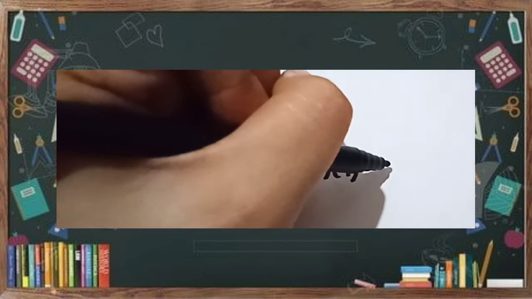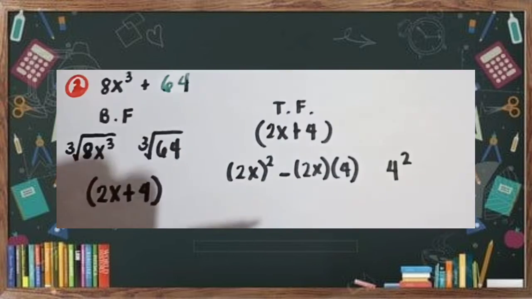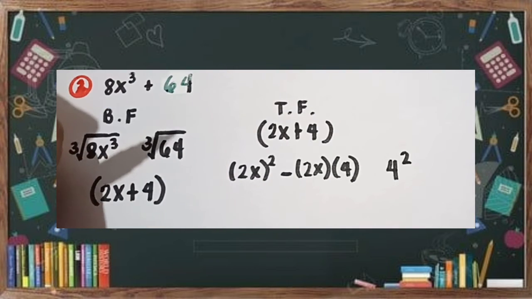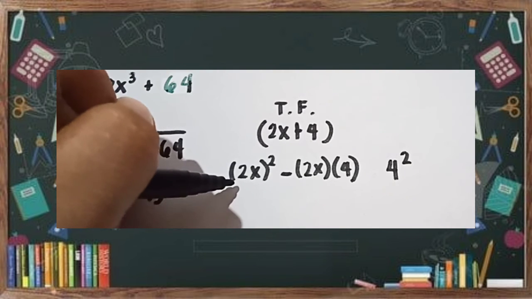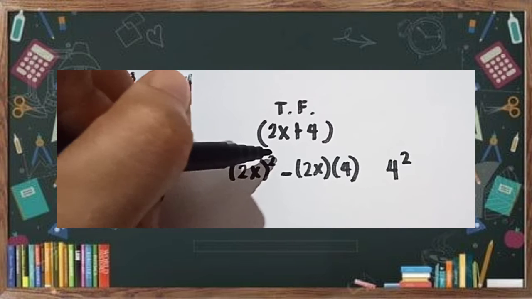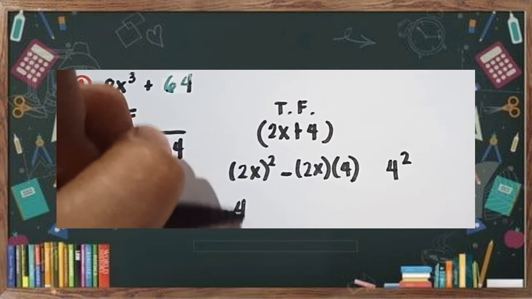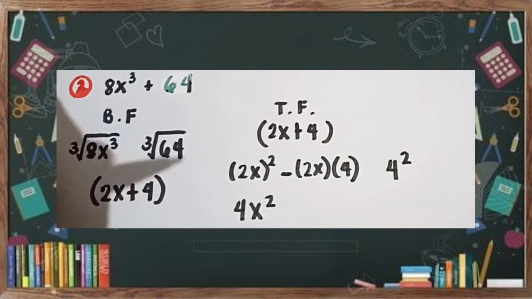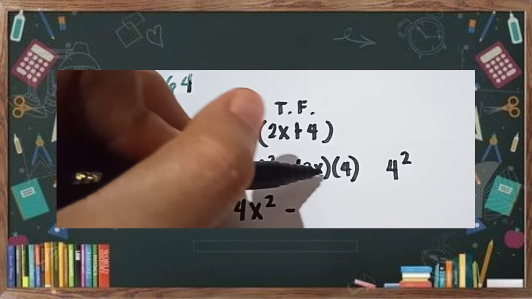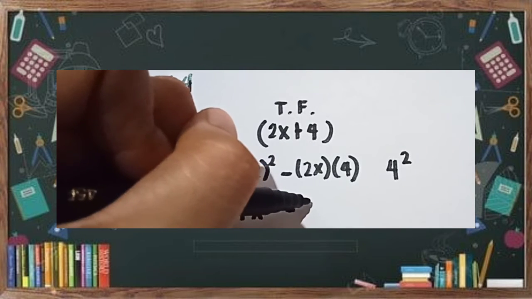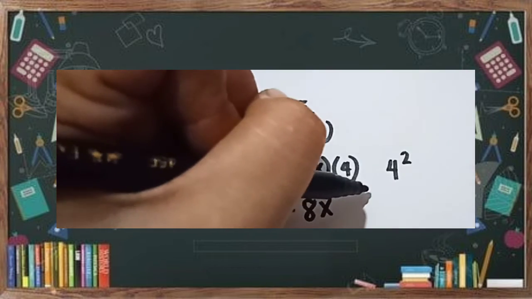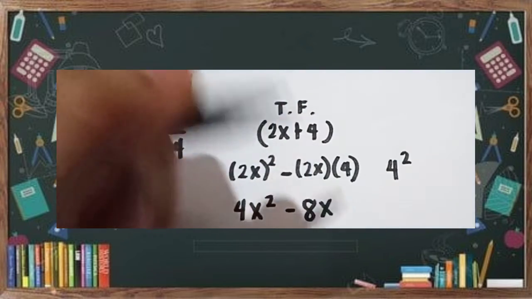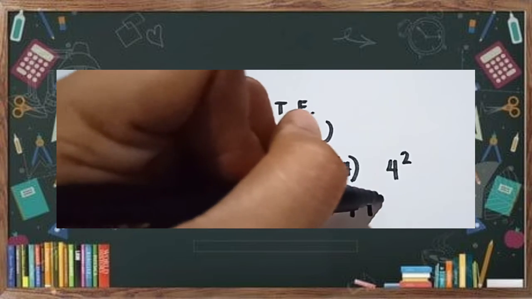Then, next is kuhanin natin yung square ng second term ng ating binomial factor. Okay, so 2x squared ay equals to 4x squared minus 2x times 4 ay equals to negative 8x. Then, 4 times 4 ay equals to 16.